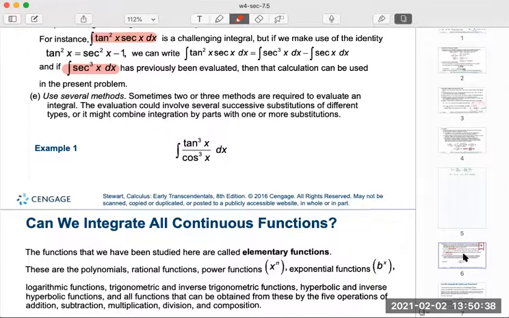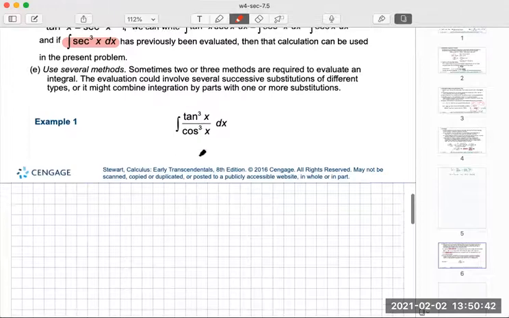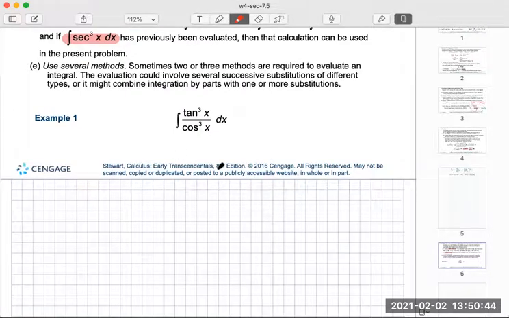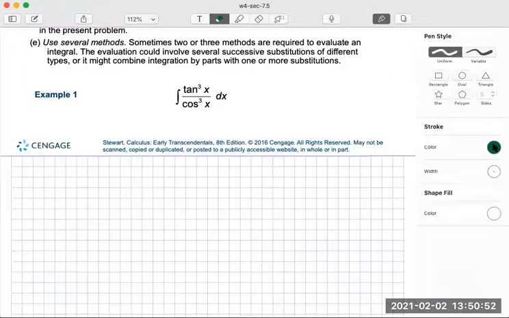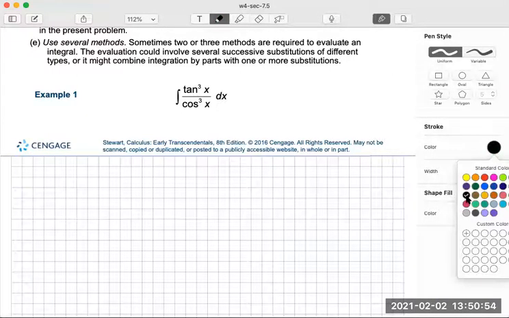Okay, let us do these problems together. Example 1 here. Tan cube over cosecant cube dx. Tell me what you think and what we can do according to your point of view. So we will do it together.